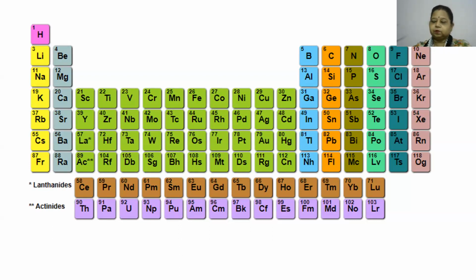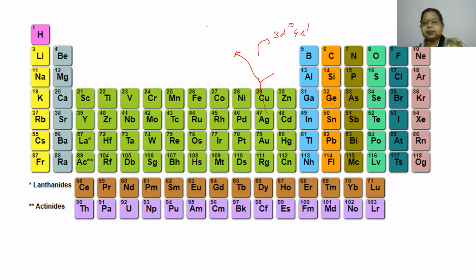If you look at the periodic table carefully, please remember, copper is an exception. The configuration of copper is 3d10 4s1. Then for silver, can you predict the configuration without writing?